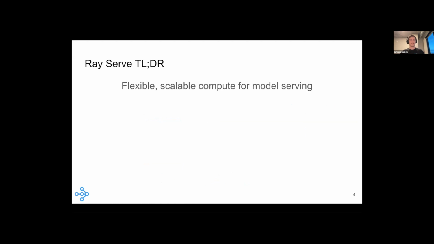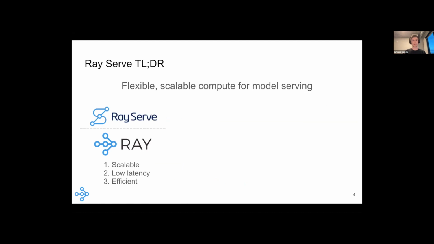So let's go into a TLDR of Ray Serve. Ray Serve is a flexible, scalable compute layer for model serving. It's built on top of Ray, like I just mentioned, which means that it inherits a lot of really great benefits. It's scalable. You can build low latency serving applications, and it's also efficient, which is really important in machine learning inference, where you may be running workloads 24/7 and compute can be really expensive. It also has first-class support for multi-model serving.